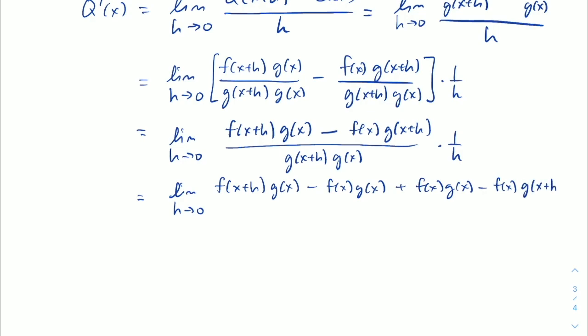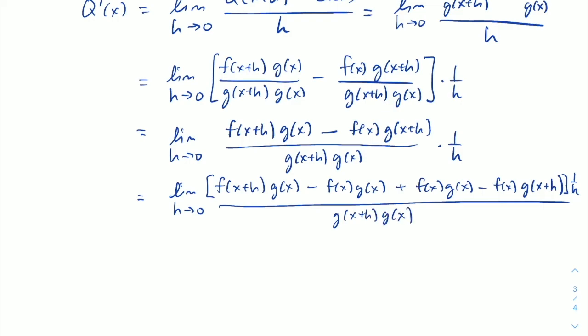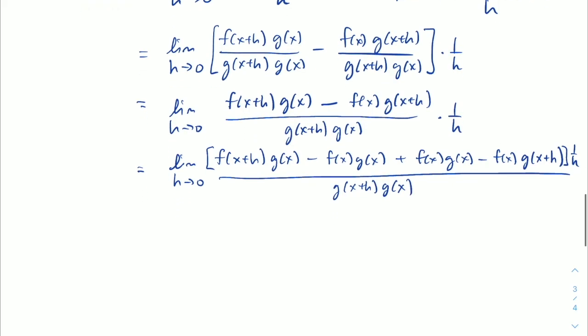I'm just changing its form. It's not turning into something new mathematically. It just looks different. Okay. I'm also going to take this 1 over h and apply it to the numerator. So let me write this as the numerator times 1 over h, and then all divided by g of x plus h times g of x.